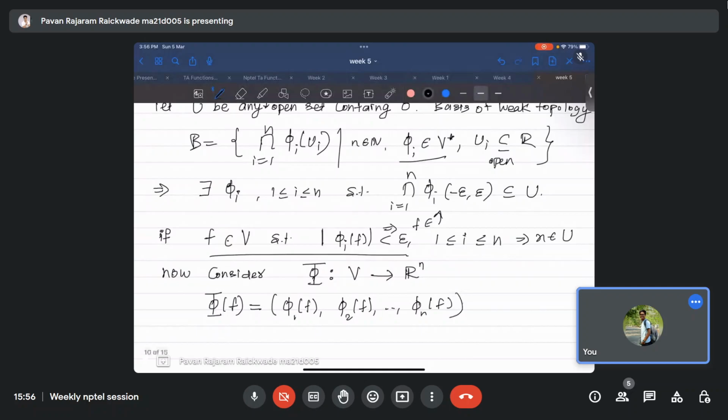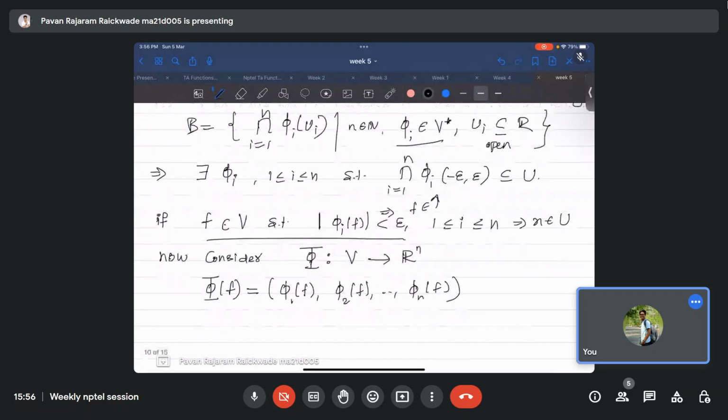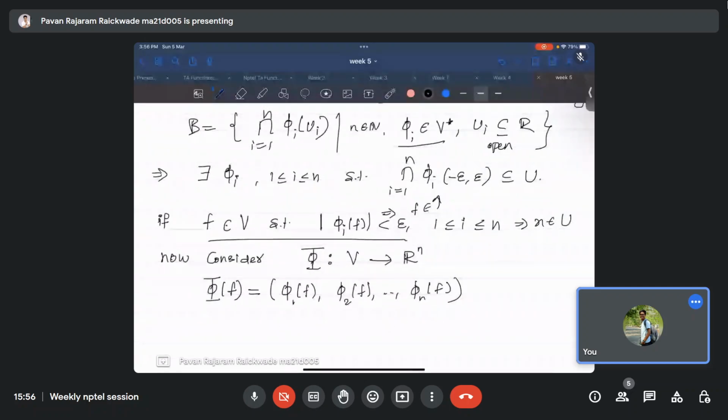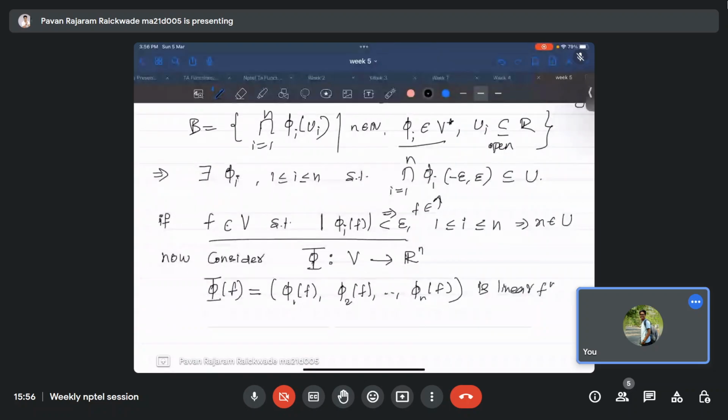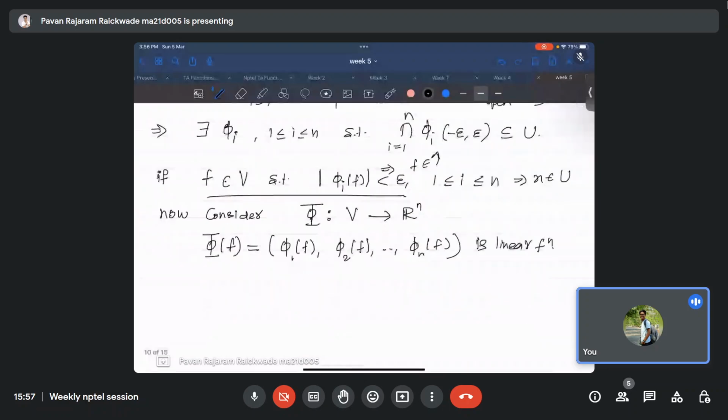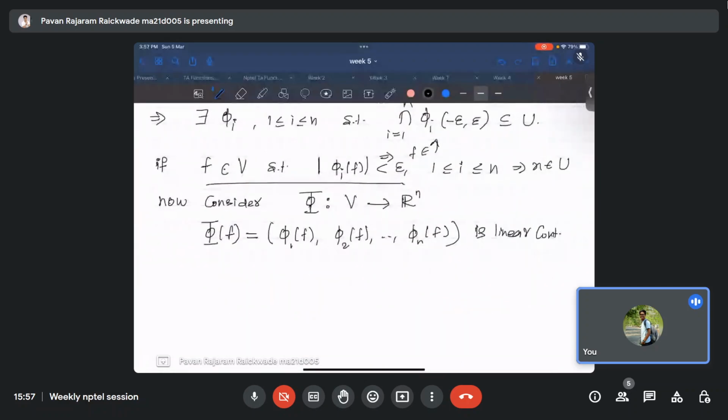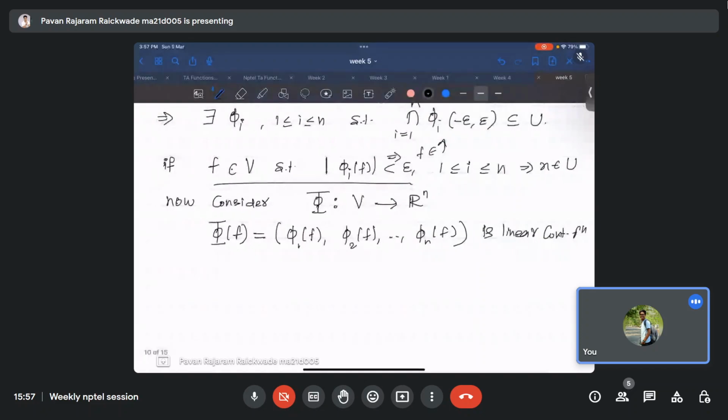So this capital phi is a linear continuous function. And what is the dimension of V? V is infinite dimensional, right?